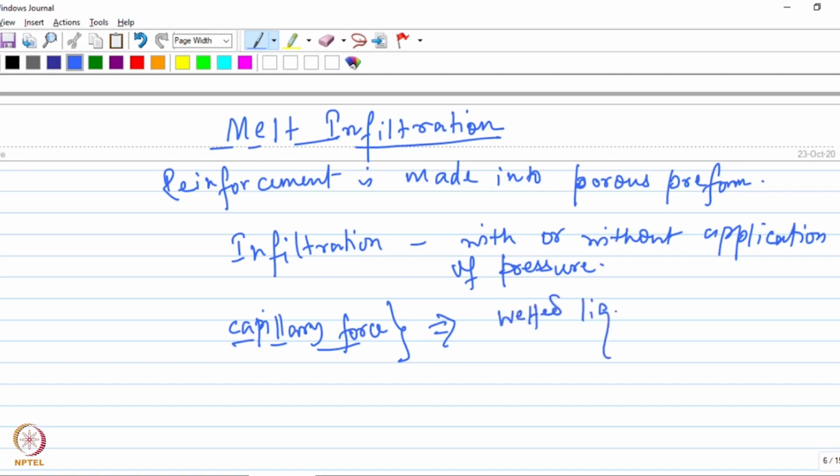So once the preform is wetted by the liquid, the capillary will develop and the liquid metal will go into the pores and fill the pores, and as you solidify it, it will give rise to the composite.